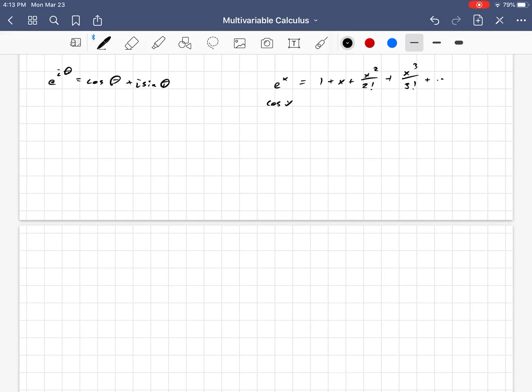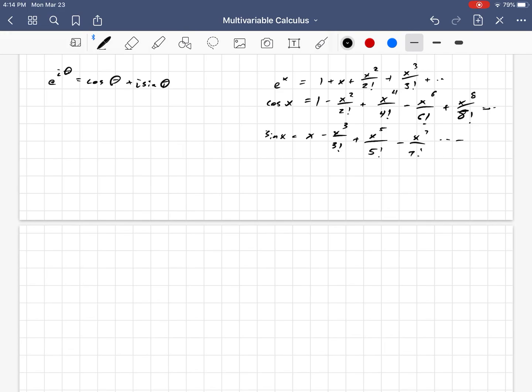The Taylor series for cosine of x, since cosine is an even function, is 1 minus x squared over 2 factorial plus x to the 4th over 4 factorial minus x to the 6th over 6 factorial plus x to the 8th over 8 factorial, and so on. And the Taylor series for sine of x is x minus x cubed over 3 factorial plus x to the 5th over 5 factorial minus x to the 7th over 7 factorial, and so on and so forth.